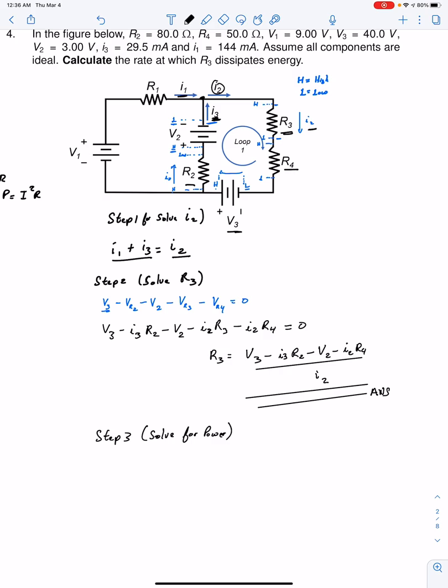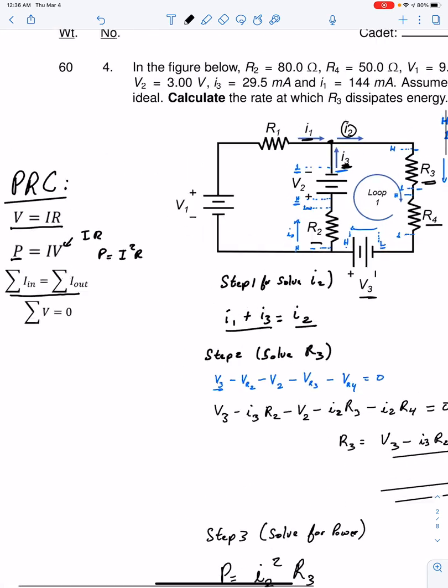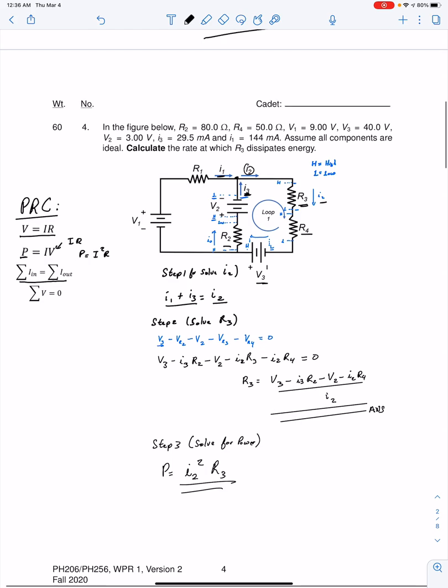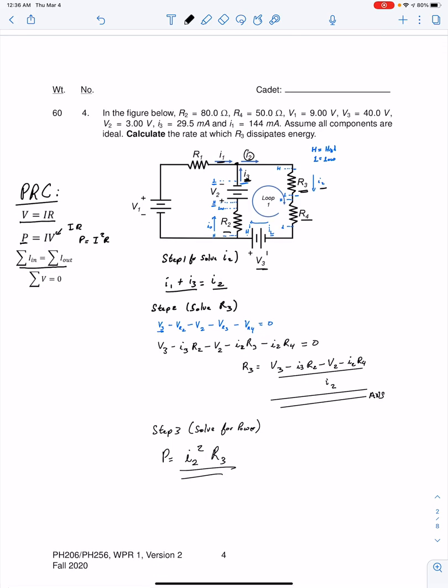That is only because it is energy dissipated at R3. We care for the current I2 squared times R3. And this equation, just like we spoke of earlier, is where it comes from. All right, this concludes our topic on DC circuits and Kirchhoff's rules.